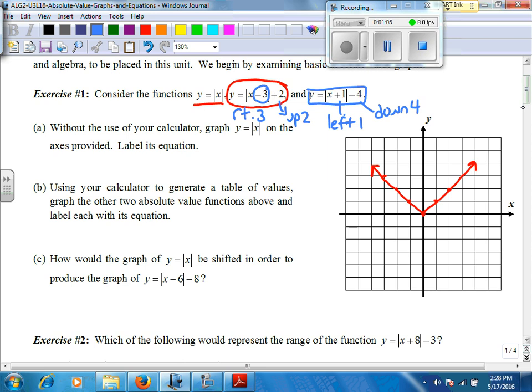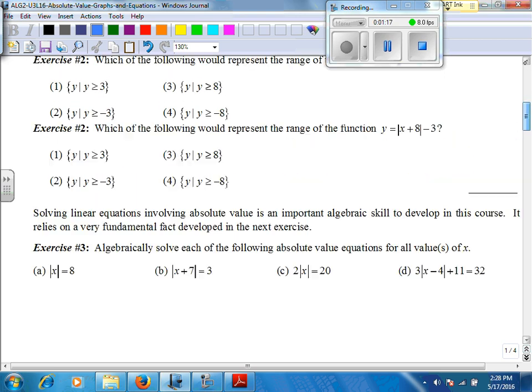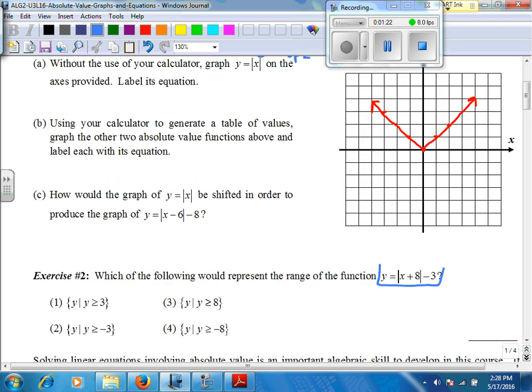If you needed to, you could always put them in y equals in your calculator, find the points, and plot them. Now in number 2, you're going to use that concept of shifting an absolute value graph to talk about the range of the function. In number 2, the graph has been shifted. It was shifted left 8 and down 3. So because the graph was shifted down 3, it would go left 8 but down 3.